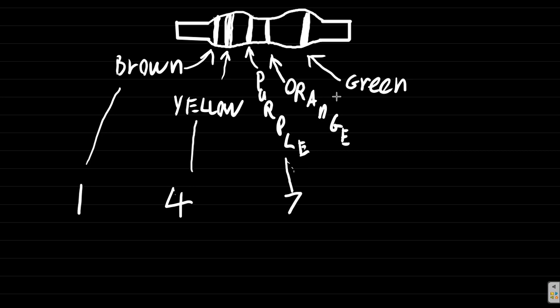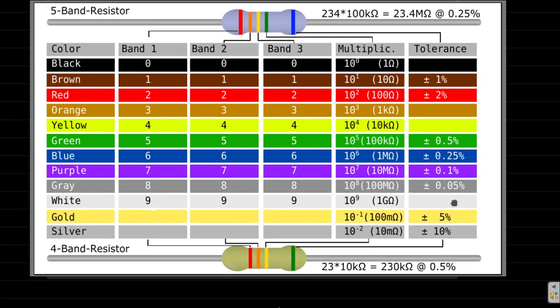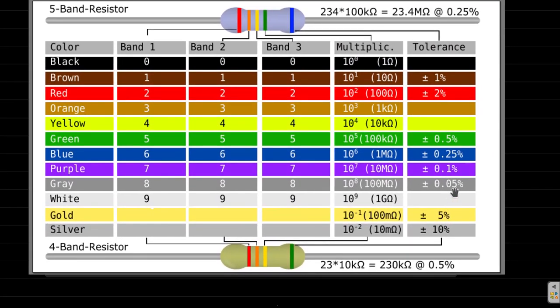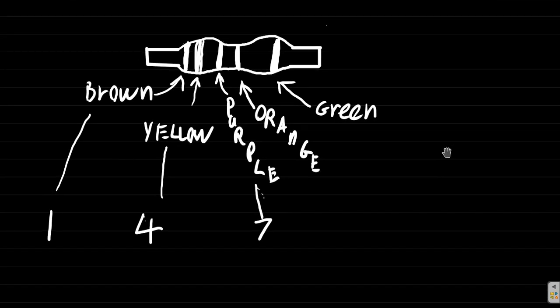Remember, the 4th color is orange and the 5th color by itself is green, and you have the table here. Okay, so have you finished? What did you get for the range of resistances? Because it's really a range of resistances.